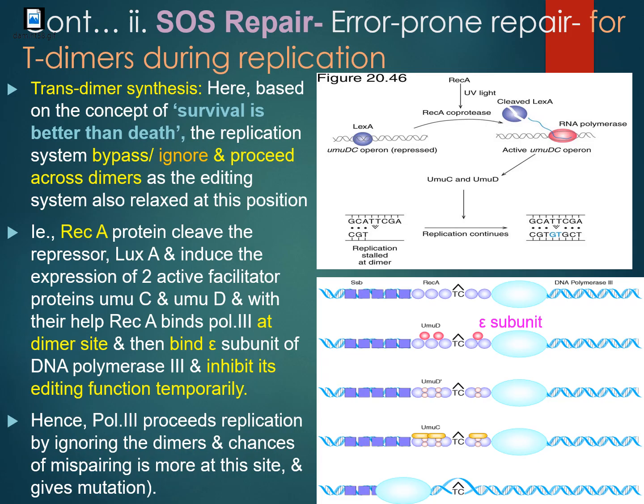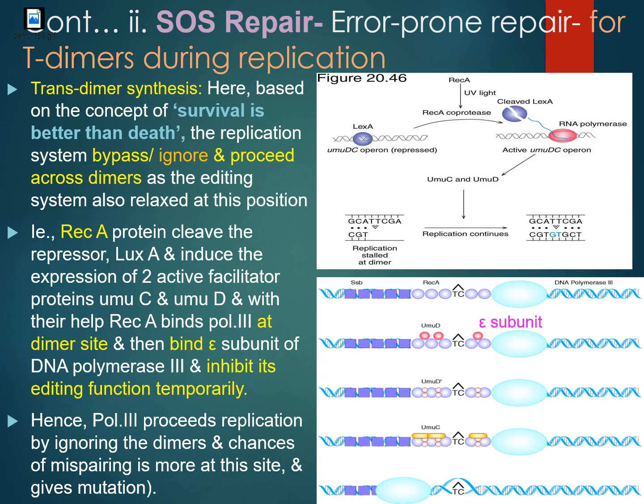And these two proteins also will be synthesized, or the gene expression happens with the help of RecA. RecA will bind to the blocker LexA. LexA is the repressor that is cleaved by RecA. It will help for the production of UmuC and D, and they will help for the binding of RecA at the site of mutation.